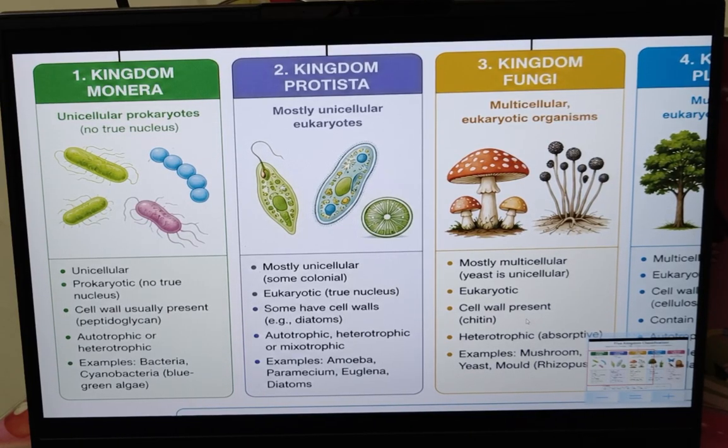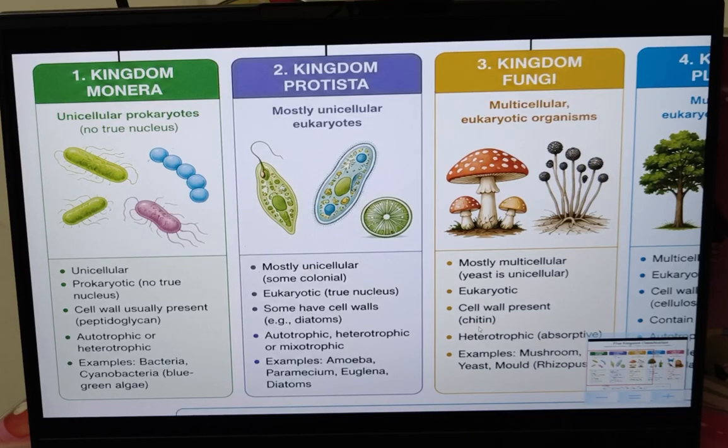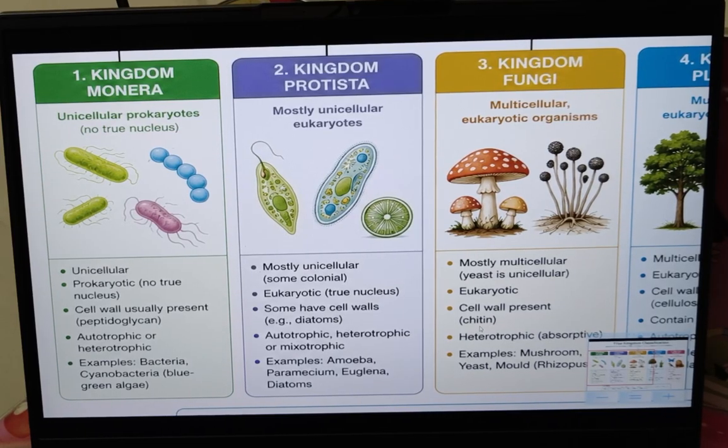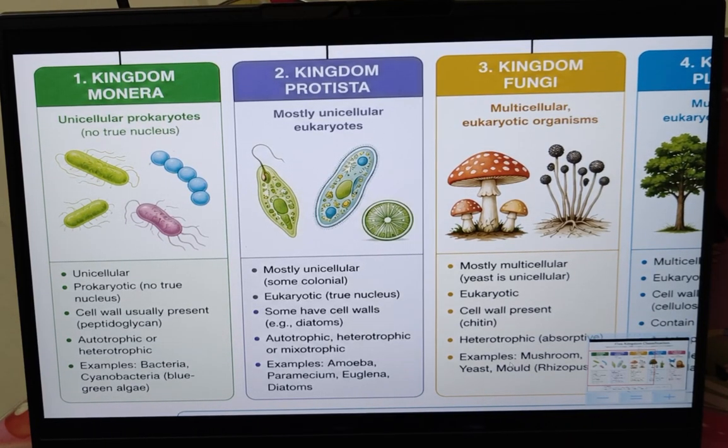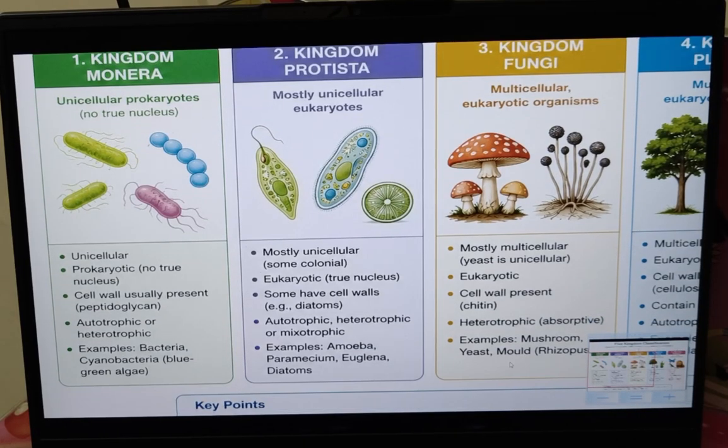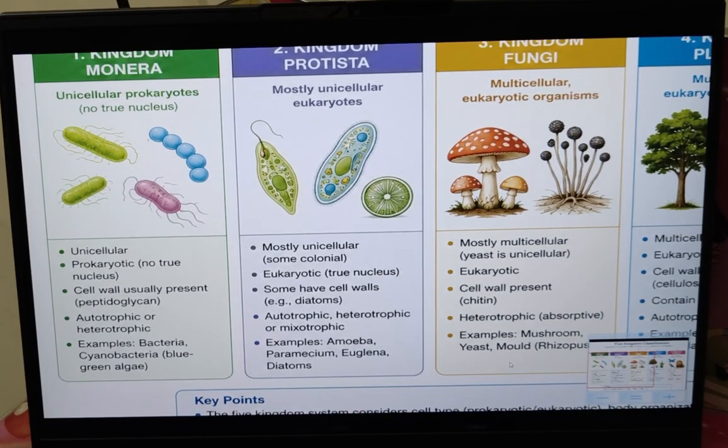Eukaryotic, cell wall is present and the cell wall is made up of chitin. This chitin is a hard material. It is heterotrophic, which means they totally rely on others. Basically a fungus will undergo a saprotrophic mode of nutrition, which means they grow on dead and decayed organisms. They absorb nutrients from the dead and decayed for survival. Then examples: mushroom, yeast, mold, rhizopus.